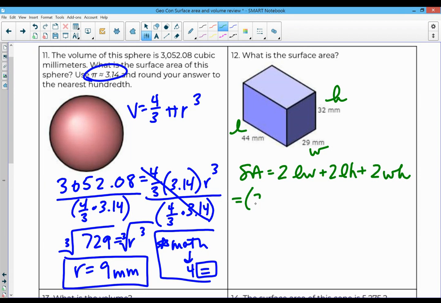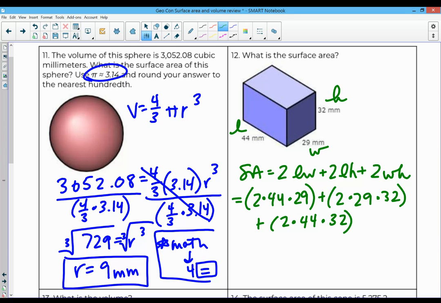Here we go. 2 times 44 times 29 plus 2 times 29 times 32 plus 2 times 44 times 32. Doesn't matter the order that it goes in, because multiplication is commutative and so is addition.